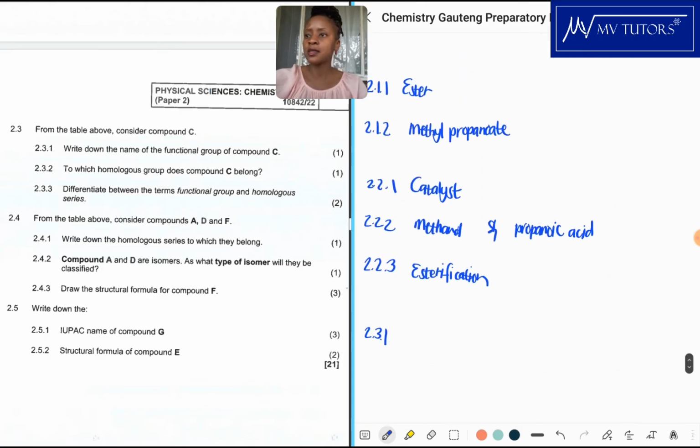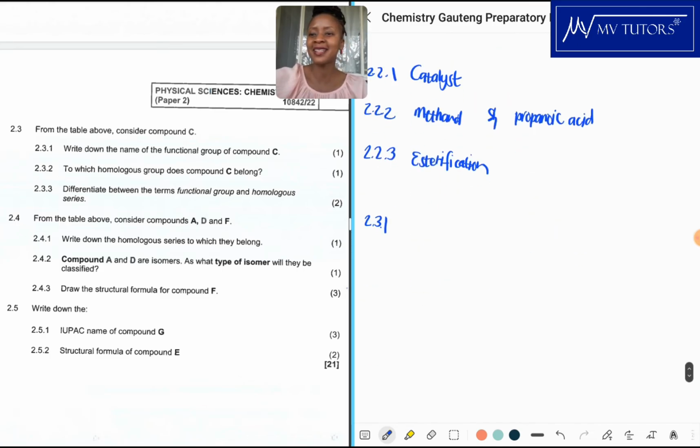Now, what does it want? It says, write down the name of the functional group of compound C. So that is basically carboxylic acid. We just said it now. Functional group, ne? Yeah. Carboxylic acid. And then 2.3.2, it says to which homologous group does... No. Sorry.